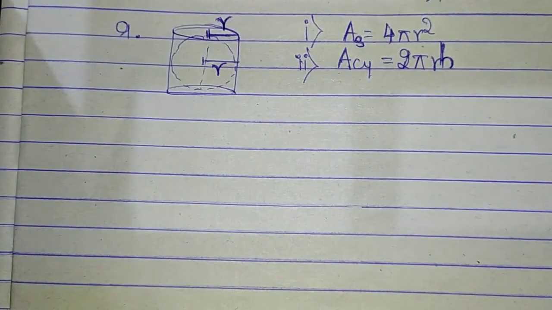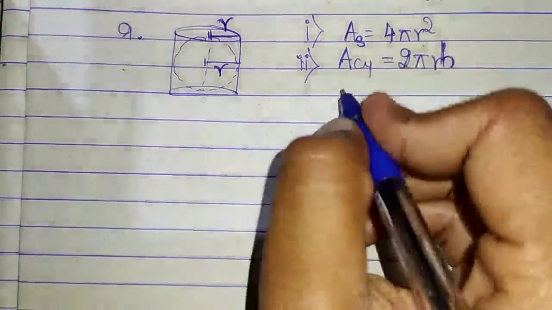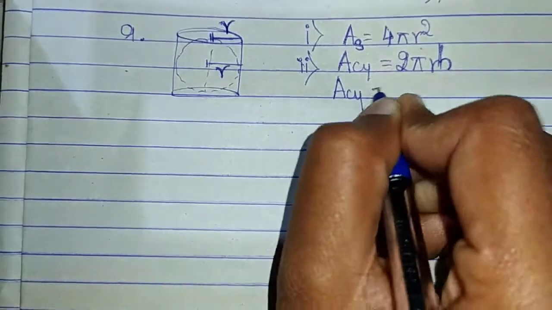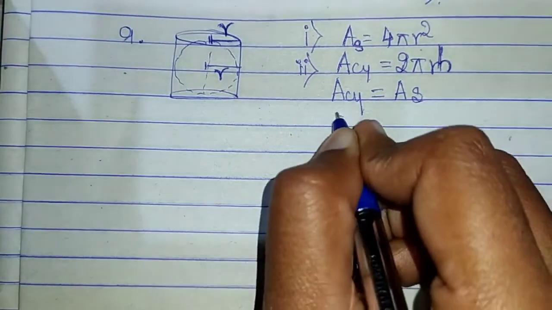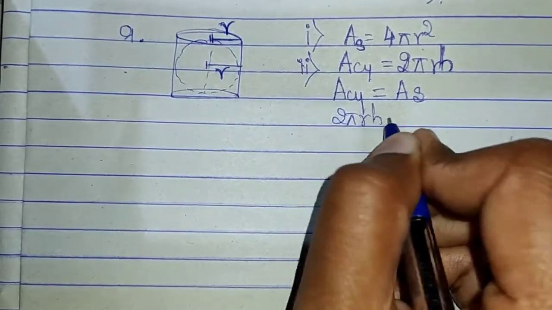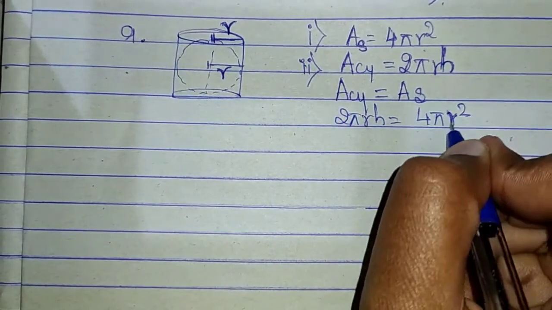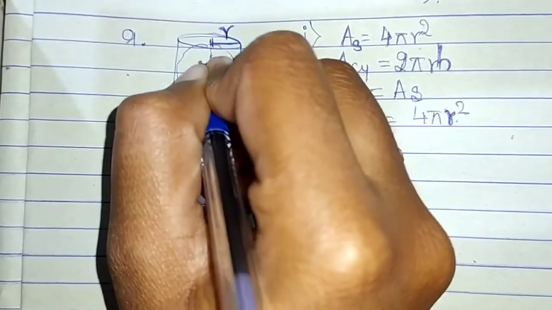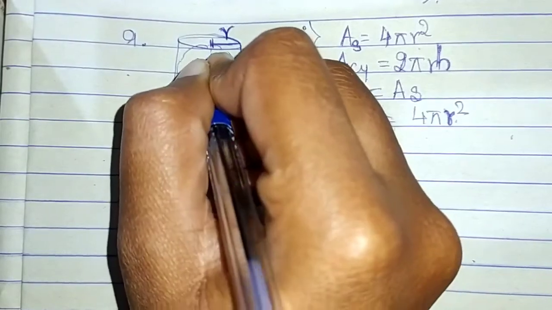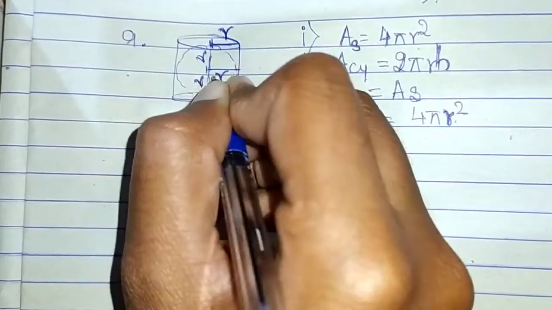But as you can see in the figure, the cylinder encloses the sphere. Here the height of the cylinder, this h, is equal to the radius of the sphere plus the radius of the sphere.